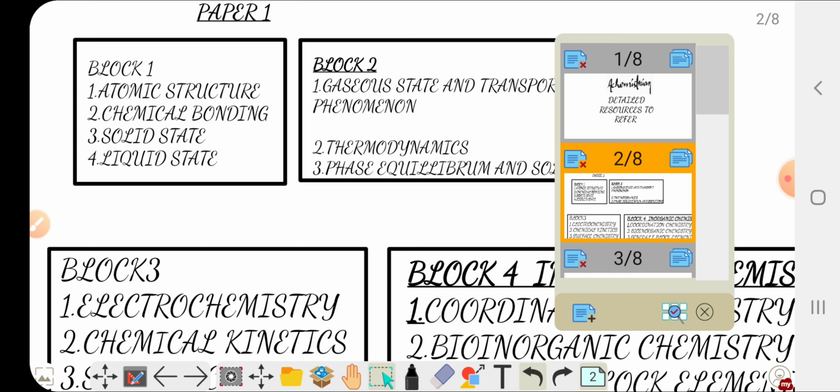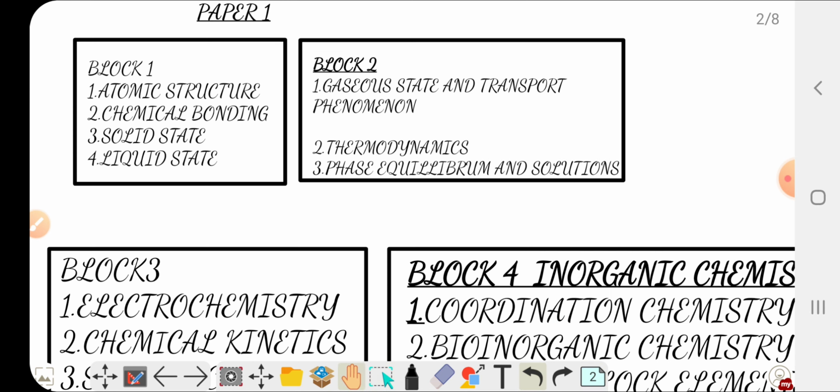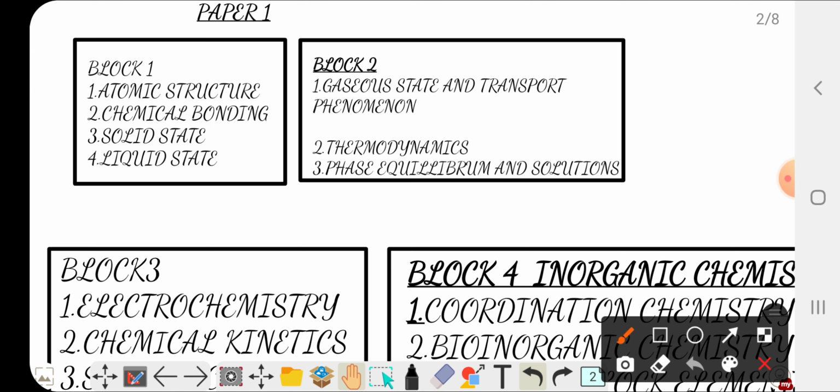In paper 1, I have divided the whole paper into four blocks: block 1, block 2, block 3. These comprise mostly the physical part, whereas block 4 is basically the inorganic part. First of all, in block 1 we have atomic structure, chemical bonding, solid state and liquid state.